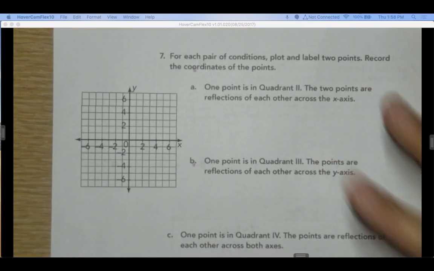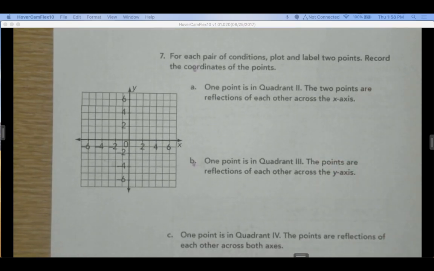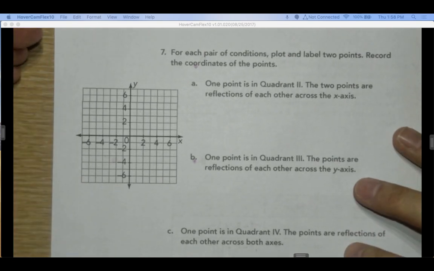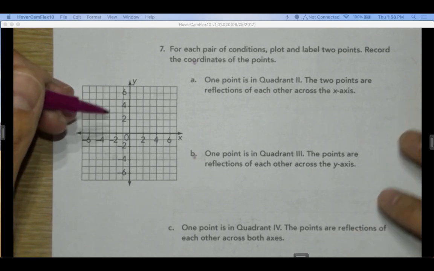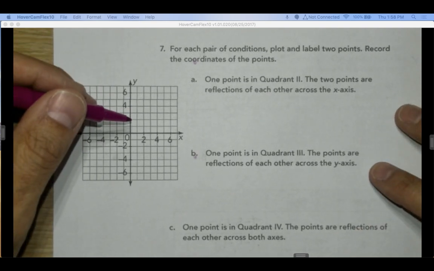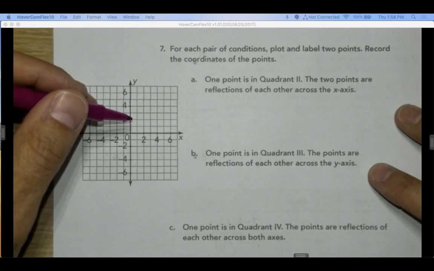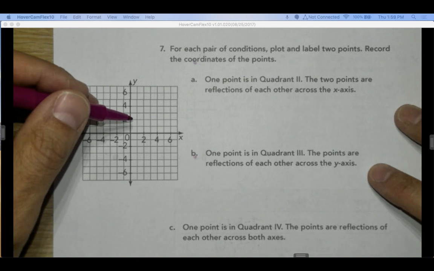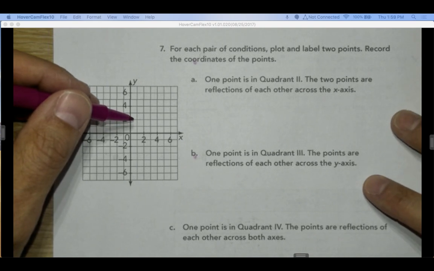All right. For each pair of conditions, plot and label 2 points. Record the coordinates of the points. One point is in quadrant 2. The 2 points are reflections of each other across the x-axis.